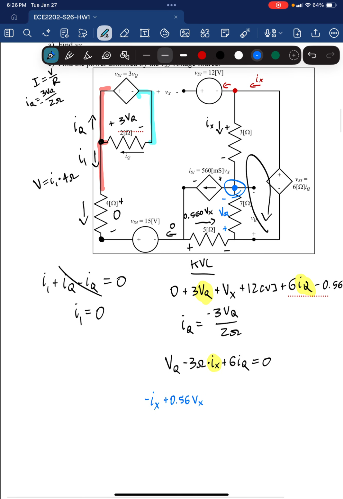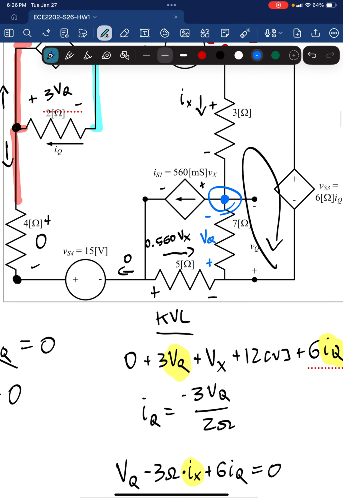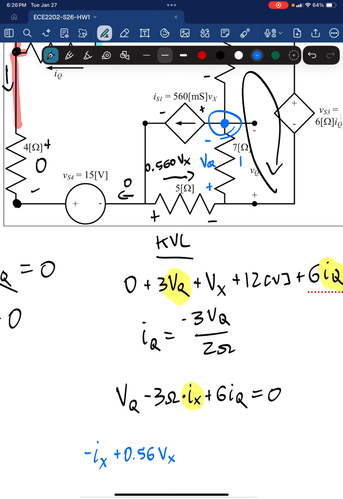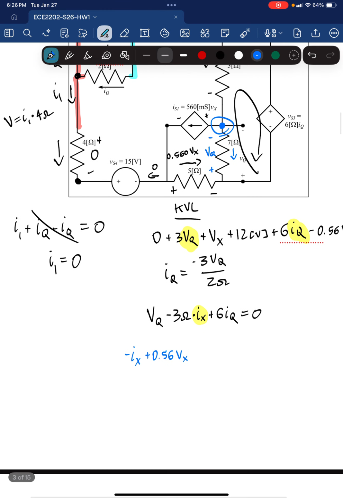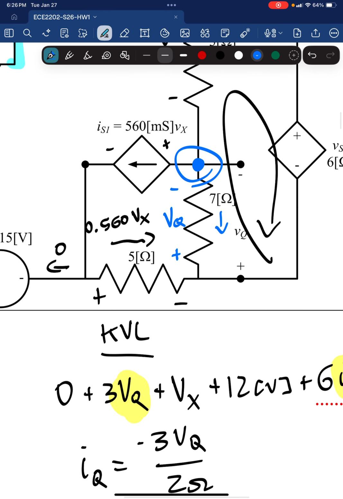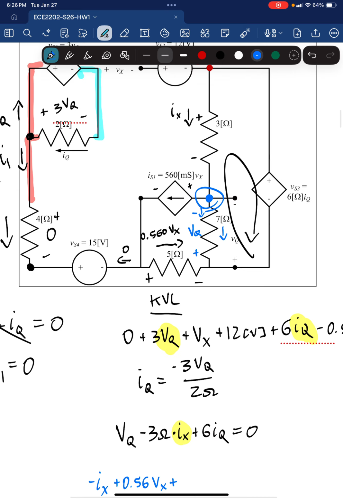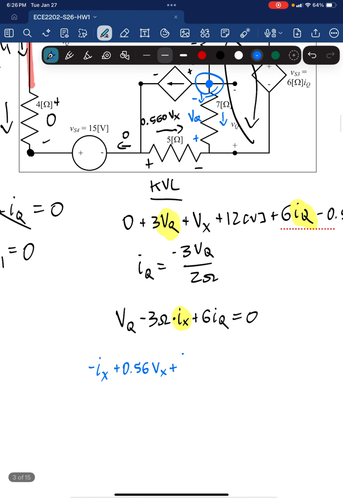And we can use Ohm's law to represent that current. And let's say this current is leaving, like such. And once again, we're dealing with a current in active sign convention, a current that's entering the negative terminal. So we're going to have to include a negative, and then it's just the voltage divided by resistance. We know the voltage is VQ. We know the resistance is 7 ohms. And that's it. That's our three currents. So we just set that equal to 0.